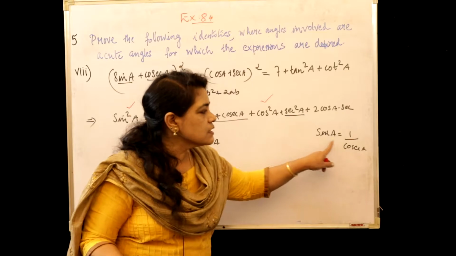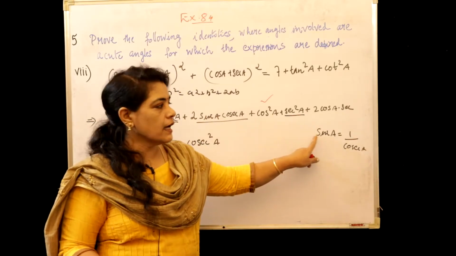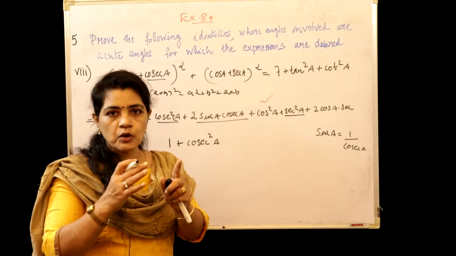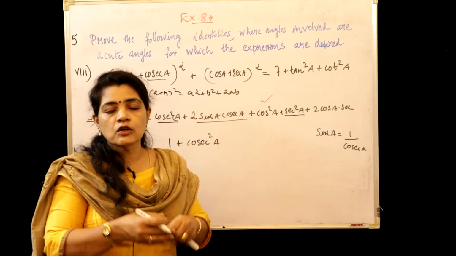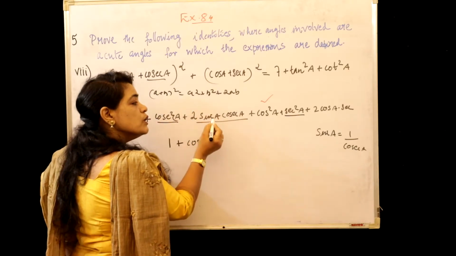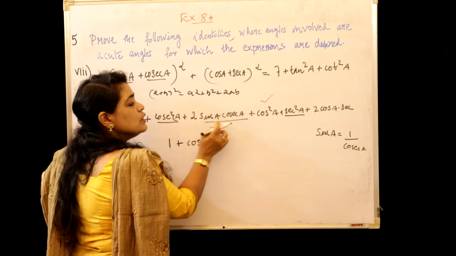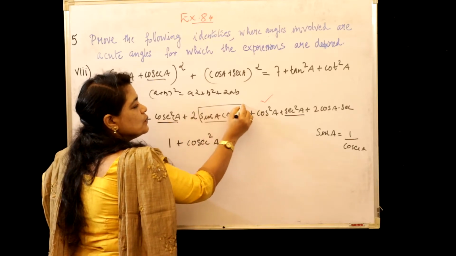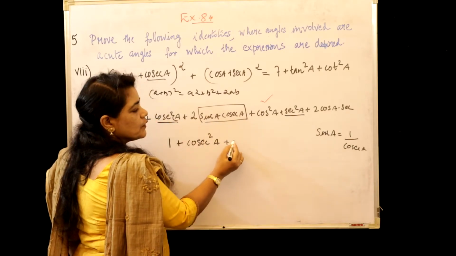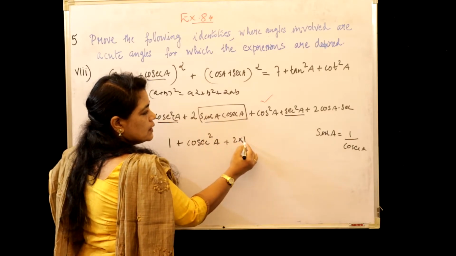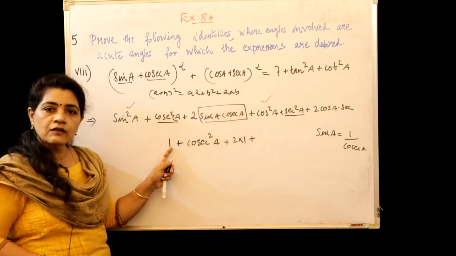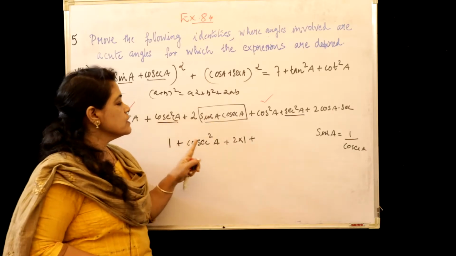So sin A into cosec A is 1. The product of a ratio with its reciprocal is 1. Since we have 2 into sin A into cosec A, this reduces to 2 into 1. Then the cos square and sin square together gave 1 using the first identity.